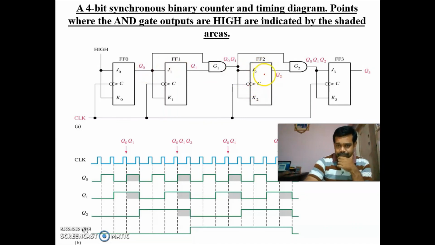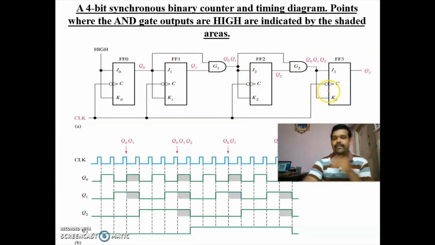For the third one, we have taken the input from the first and second. And for the final one, we have taken the input from the AND gate, that is from the second stage. Okay, this is nothing but the 4-bit binary counter.